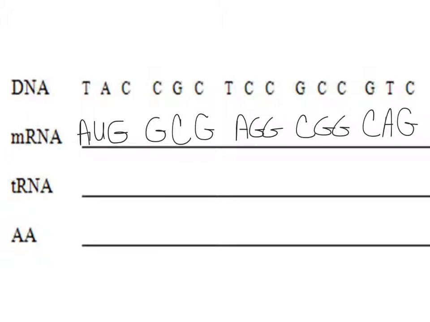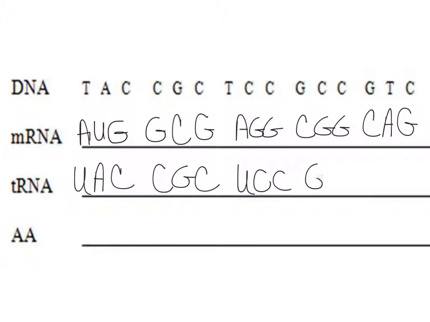We have to have U's. U base pairs back with A, G is a C, so C, G, C. A should base pair with T, but we don't have T's, so we're going to do U, C, C, G, C, C, G, no T's, so U, C.